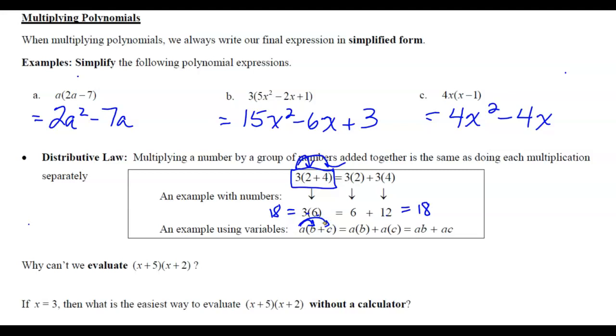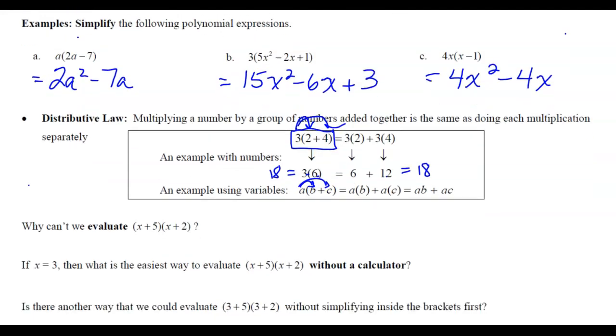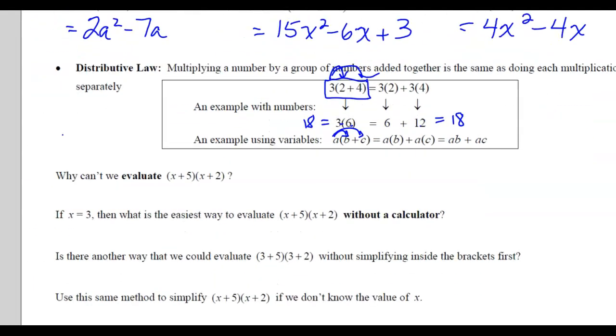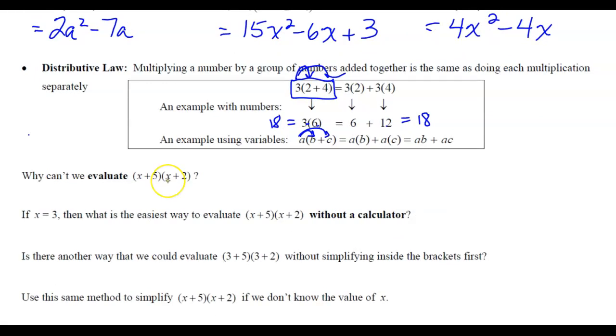So now, what do we do if we have 2 terms in each? So a binomial times a binomial. We have to use the distributive property, but what gets multiplied by what? So let's think about if x is 3, what's the easiest way to evaluate this without a calculator?